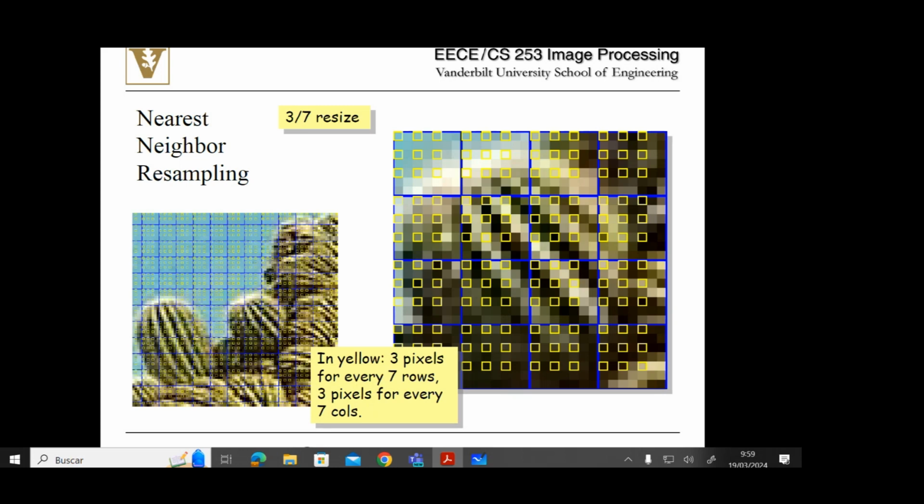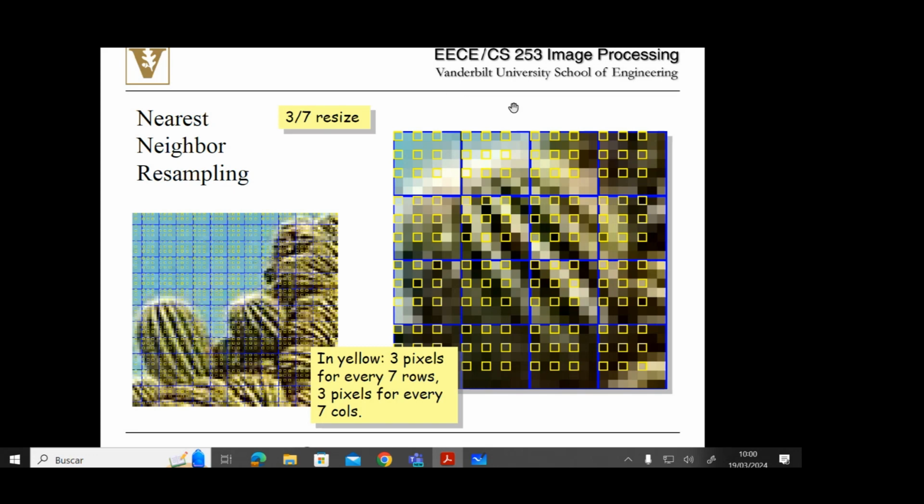So we divide it in blocks of 7 by 7. Now we take 3 pixels in those blocks and try to distribute them as best as we can. So we put 1 pixel, 0, 1 pixel, 0, 1 pixel, and now 2 zeros, because we cannot evenly distribute 3 pixels in 7.